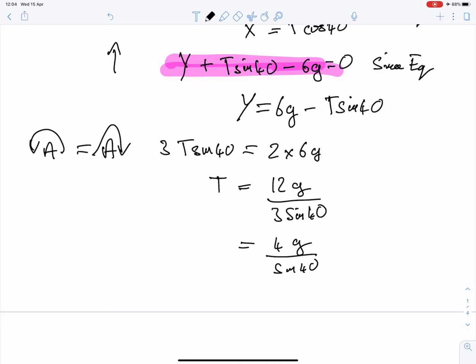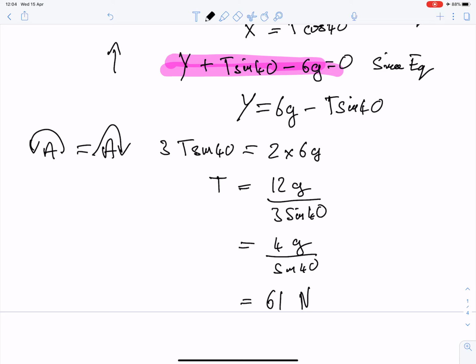So it's acting at point C. So we've got T sine 40 times by 3. So 3T sine 40. In the anti-clockwise direction, we've got our 6G, and that is acting at its middle. So that is going to be 2 times 6G. The distance is 2 and the force is 6G.